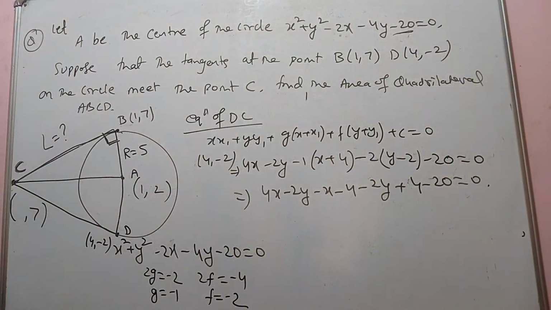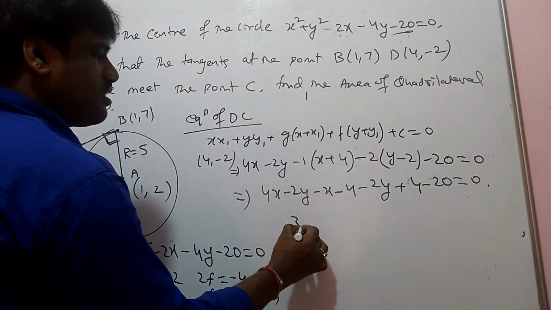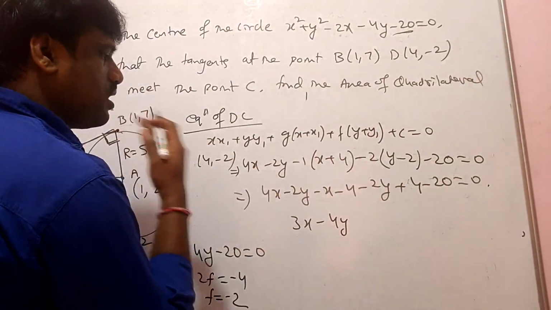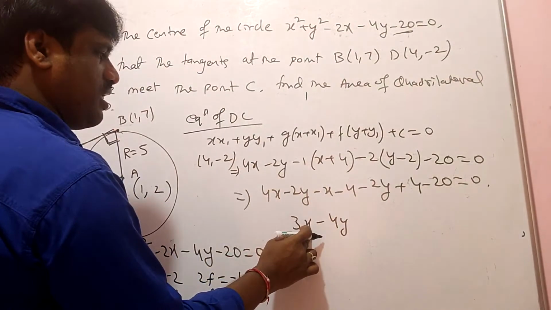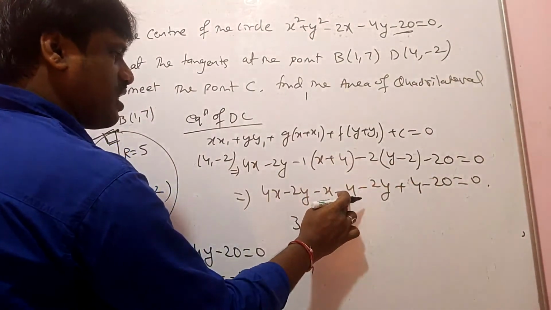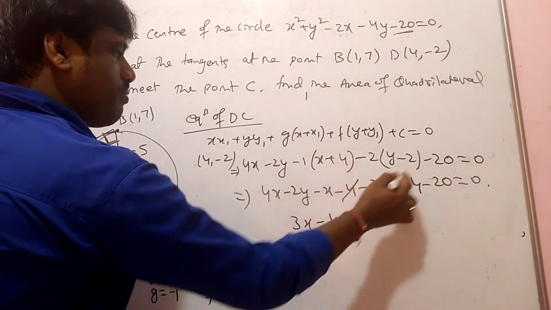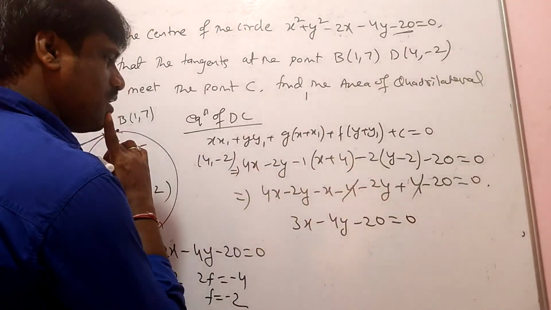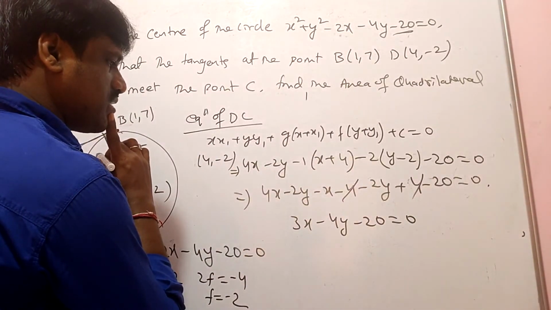Now let us simplify this, and you are going to get the point here, right? 4x minus x is 3x, minus 2y is minus 4y. Plus 4 minus 4 cancel. Minus 20 is equal to 0, correct? Yes, yes.